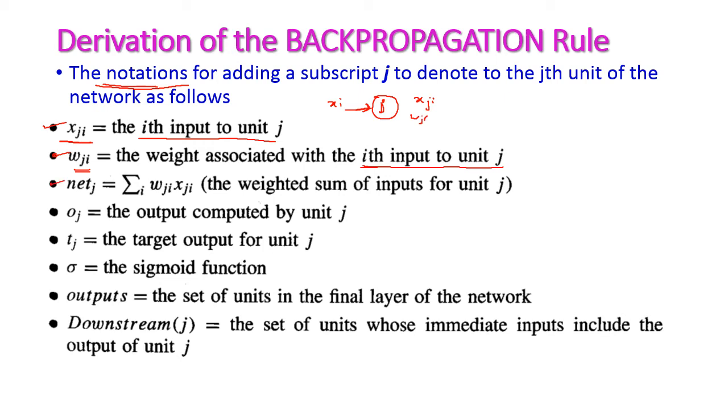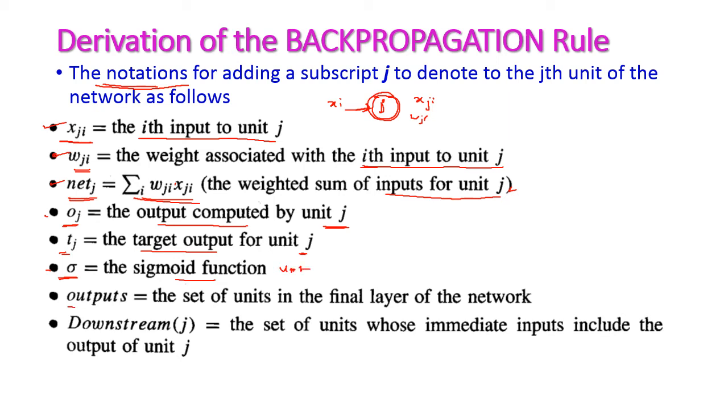And the next one is net j, which is nothing but the weighted sum of inputs for the unit, that is summation over i of wji into xji. Next one is oj, the computed output by the unit j, and tj is the target output of unit j. And the next one is sigma, the sigmoid function of this unit.